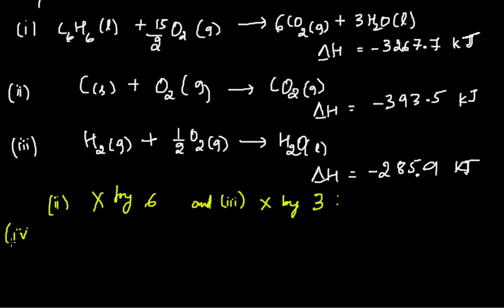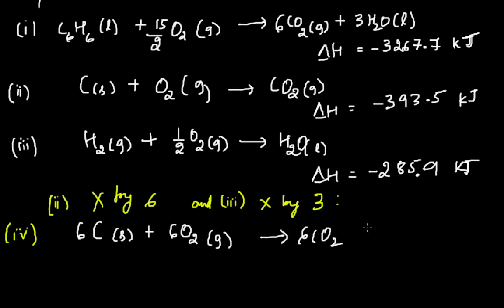Now your equation 4 is 6 carbon plus 6 oxygen, so it will give 6 carbon dioxide, and your delta H is going to be 6 times this particular value, so it's going to be minus 2361 kilojoules.